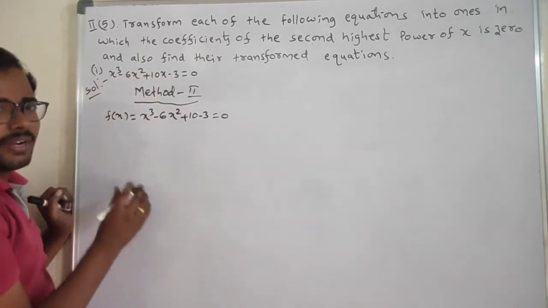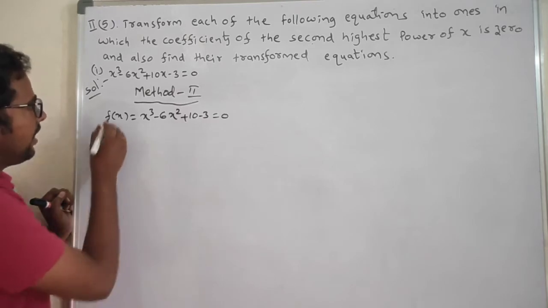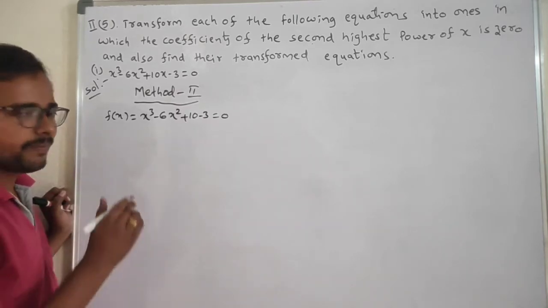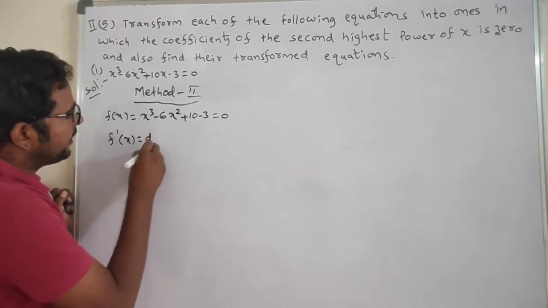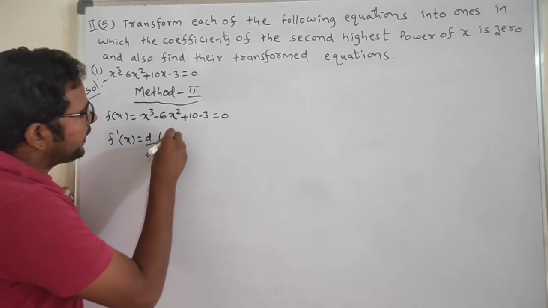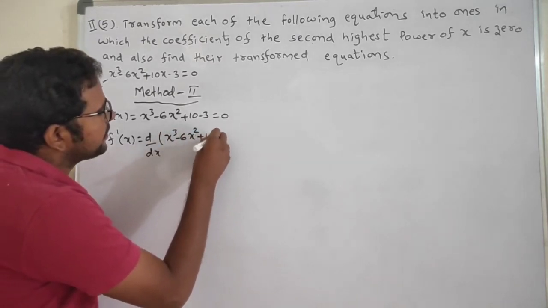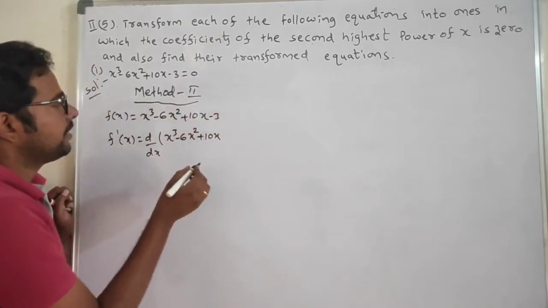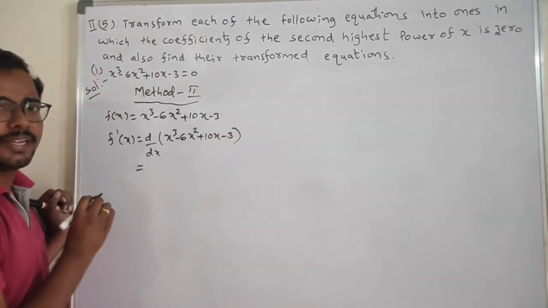So we do 2 times differentiation. First f dash of x, next f double dash of x. First find f dash of x, d by dx of f of x, d by dx of x power 3 minus 6x square plus 10x minus 3. What is the d by dx of x power 3?